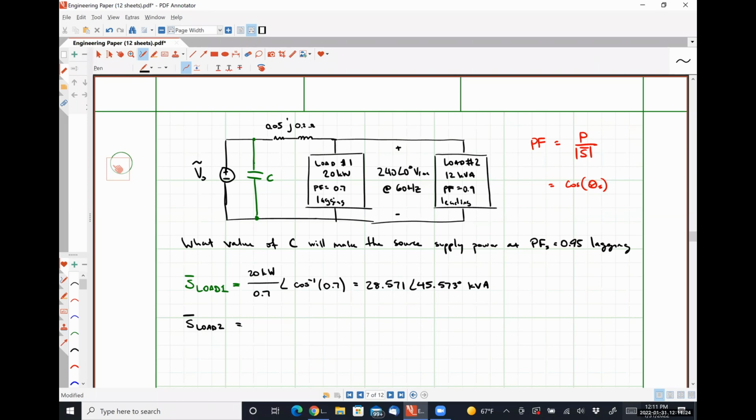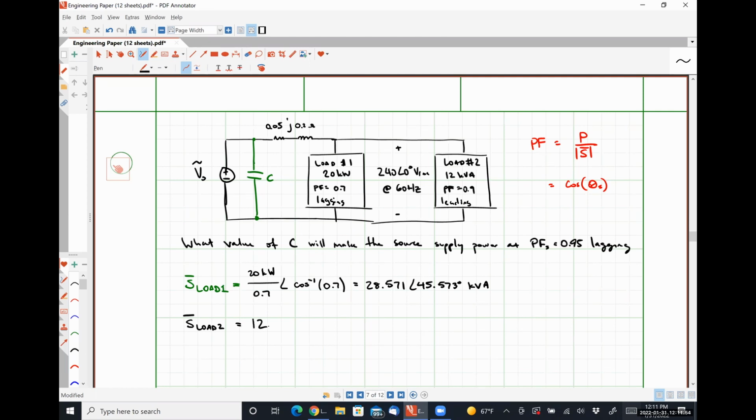What are the units of average power? Watts. What are the units of reactive power? What are the units of apparent power? Volt amperes. So this is our apparent power, which by definition is the magnitude of our complex power. So we just take this number; we don't need to divide by the power factor. We're actually already given what we were looking for there.